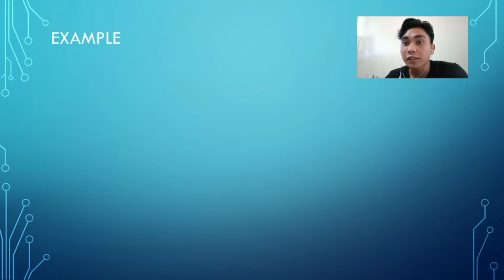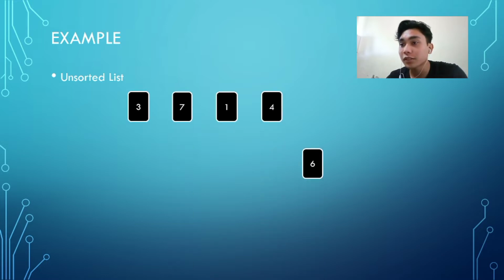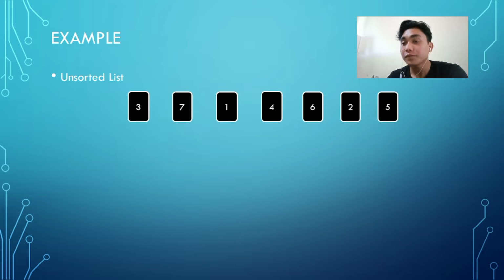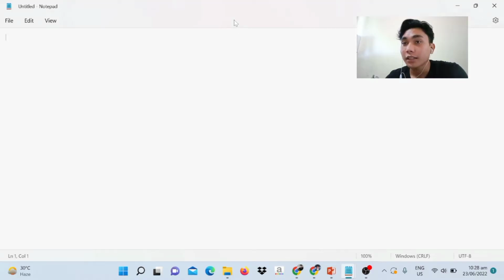We have this example, the unsorted list: 3, 7, 1, 4, 6, 2, 5. Let me get to my notepad so that I can show you how binary insertion sort works.